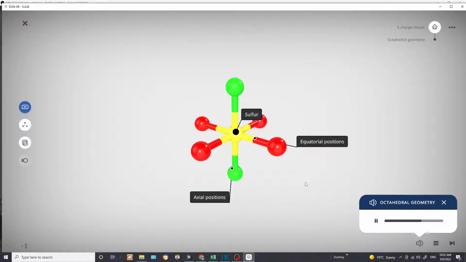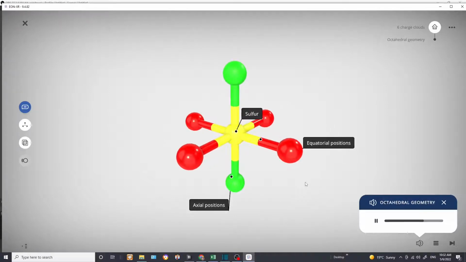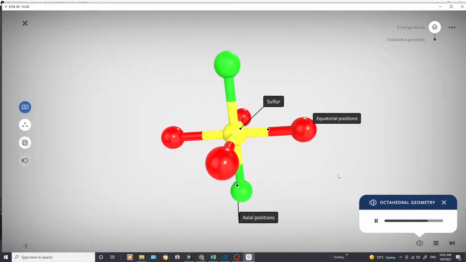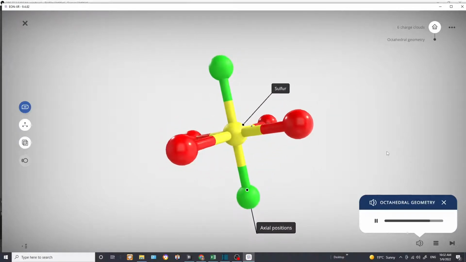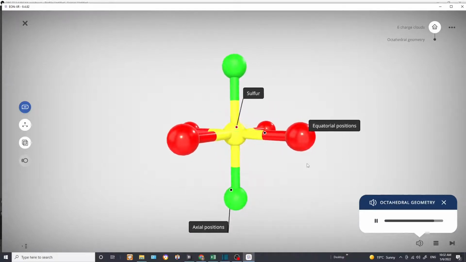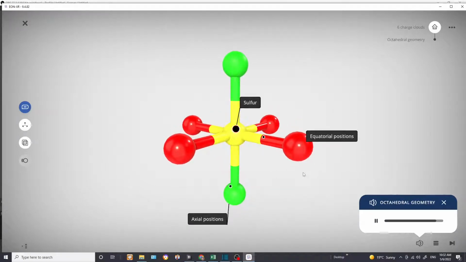The placement of those lone pairs, whether they should be axial or equatorial position, is important, because if you place them in the incorrect place, you will not deduce the correct molecular geometry. So remember, charge cloud 5, we put those lone pairs on the equatorial position. Charge cloud 6, we put those lone pairs on the axial position.